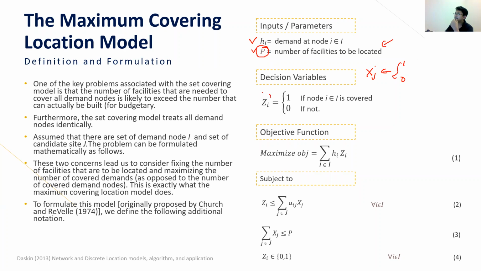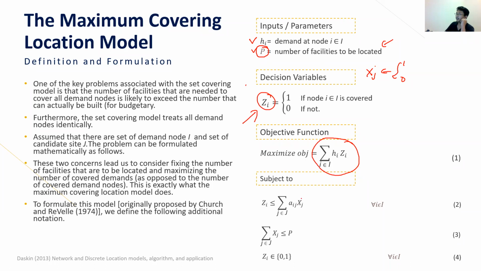And we have an additional variable zi to show us whether the demand i is covered or not. Because we want to maximize all the demand being covered, we need to see whether that particular demand node is being covered or not, and we need to introduce the additional variable zi. Okay, and the objective is to maximize hi multiplied by zi. hi is the demand, zi is 1 or 0.